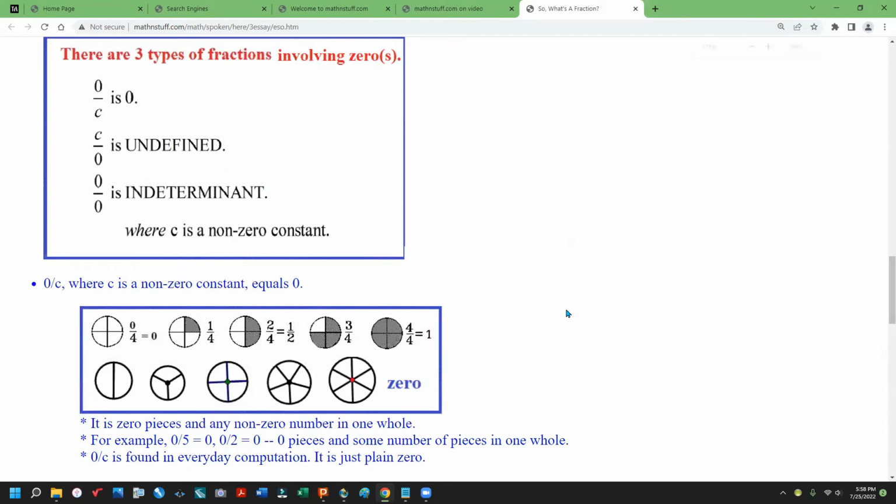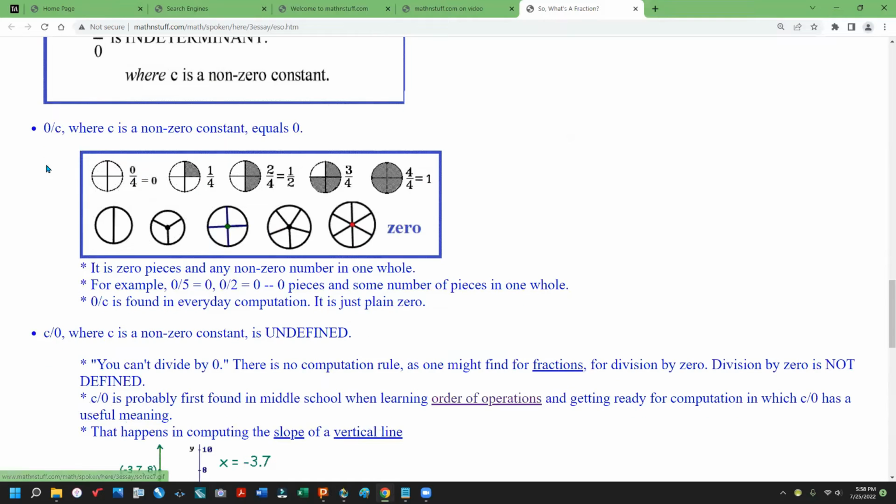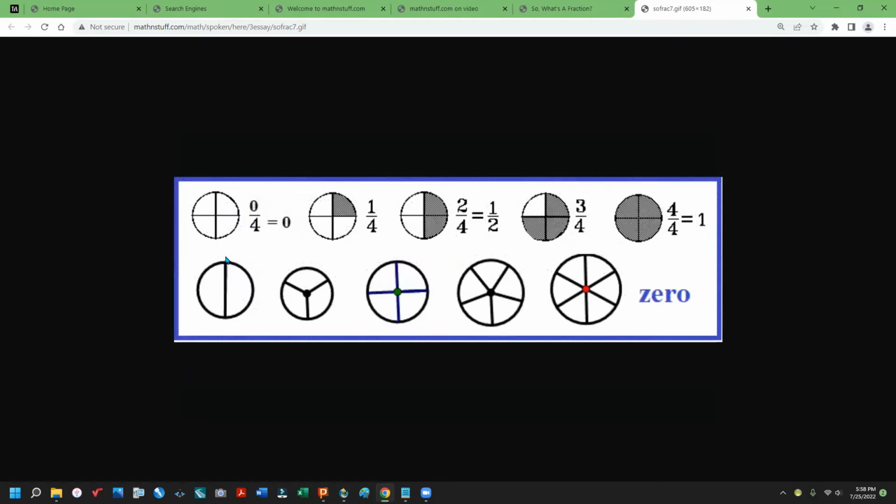Let's talk about the conditions. Just going to make this a little bigger. Here's where we have a condition where we have 0 divided by some non-zero constant. Well, here we have 4/4, 3/4, 2/4 or a half, 1/4, and 0/4.